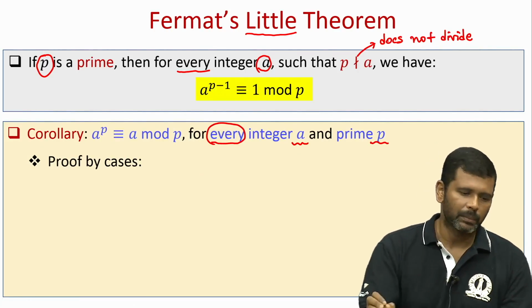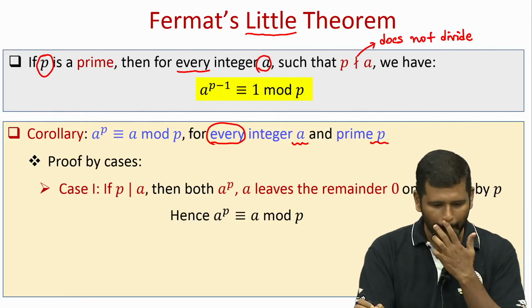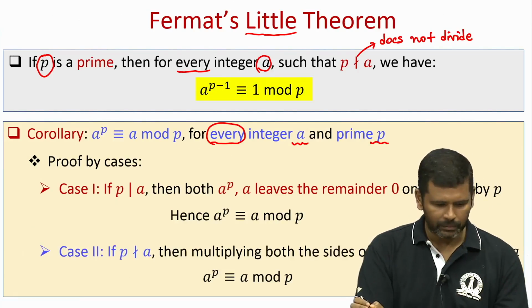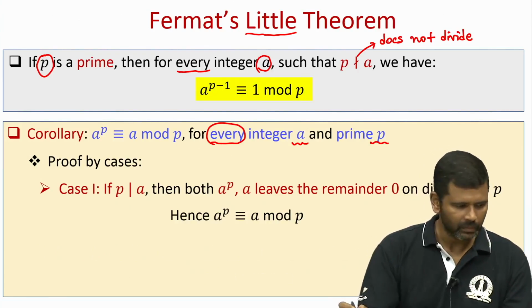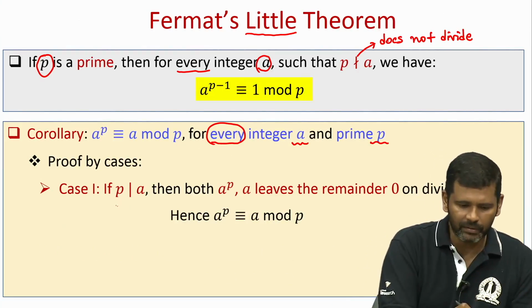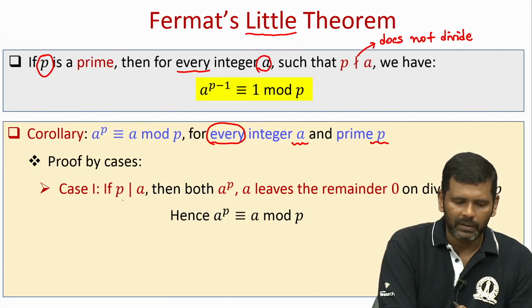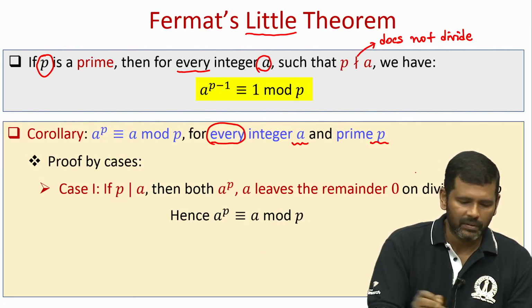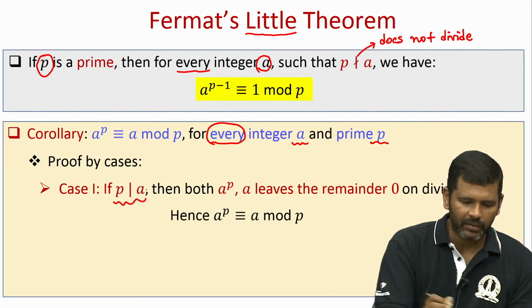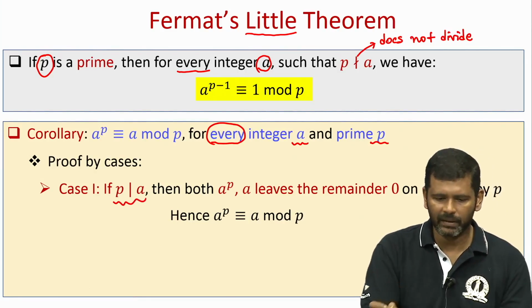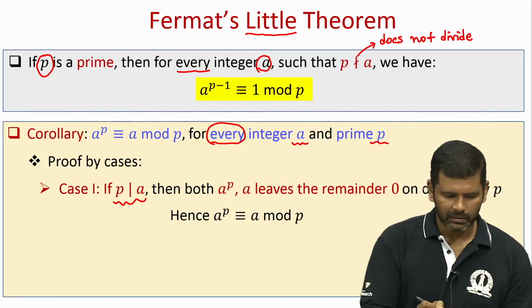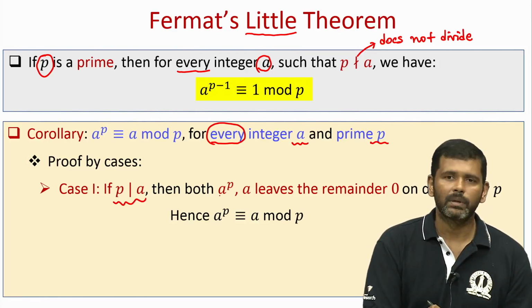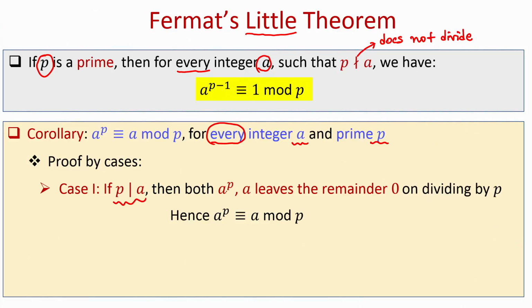So, let us see the proof of the corollary first. We have two cases depending upon whether p divides a or not. The first case is when p divides a. If you have an integer a such that p divides a, then since a is divisible by p, any multiple of a is also divisible by p.